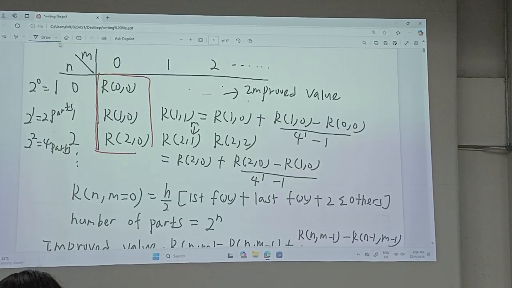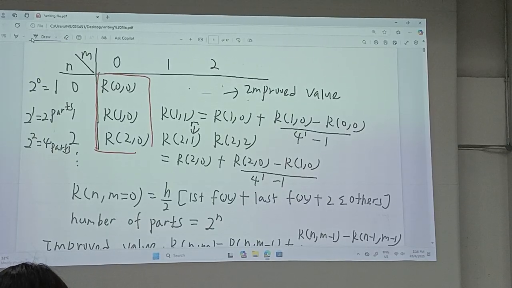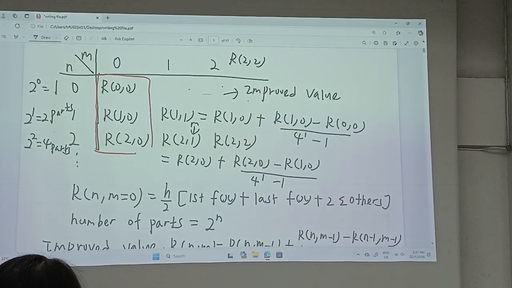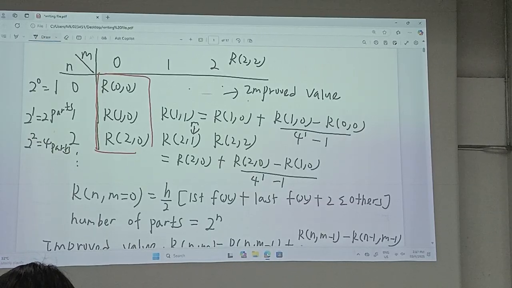And then last one, R22. How to get R22, right? So R22 is over here. Consider the column before. So take these two values.